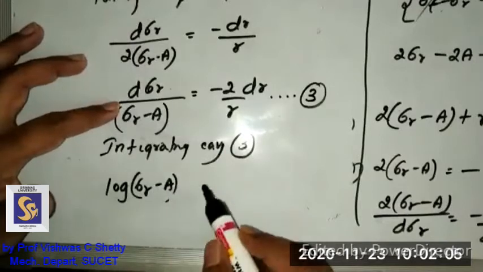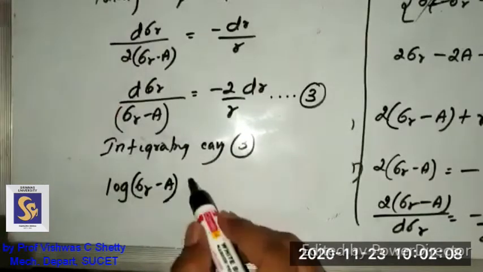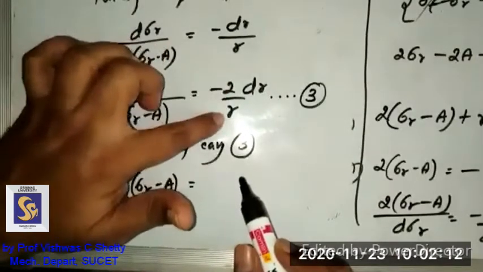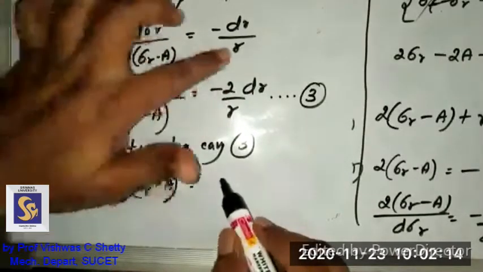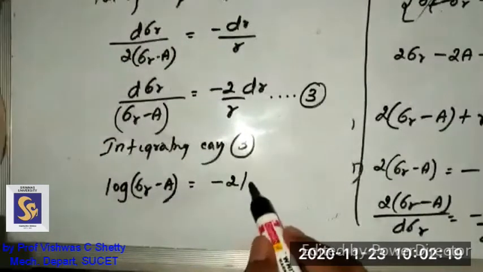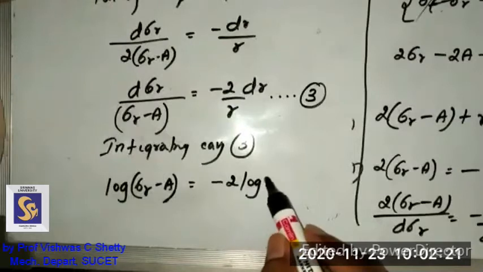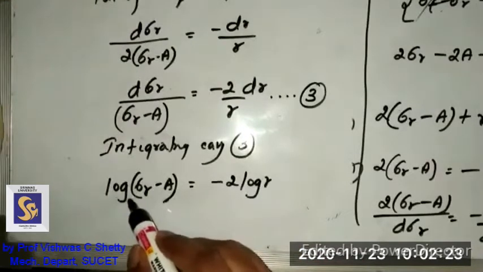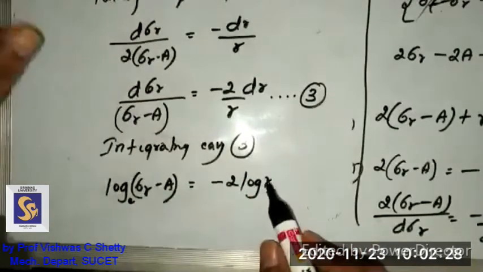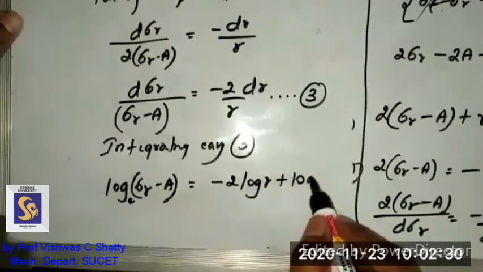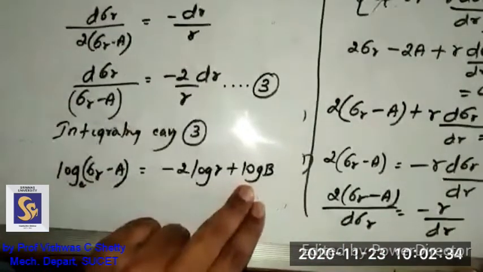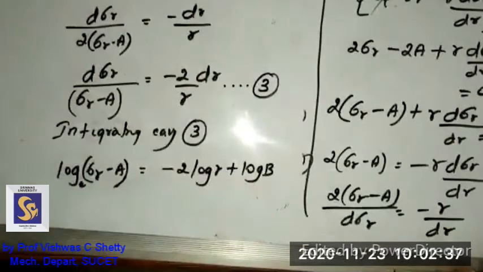Similarly here, 2 is constant, 1 by r is like 1 by x. So it will be minus 2 log r, and here it is natural logarithm. Here you have to add one constant called log b.